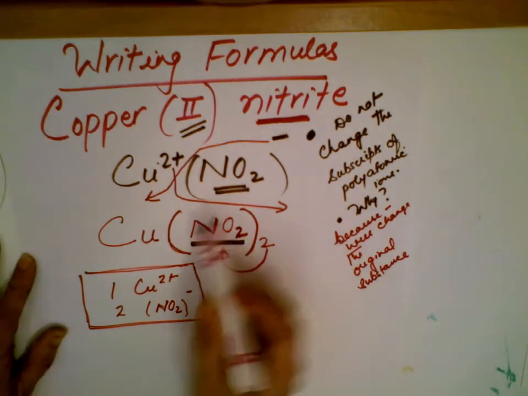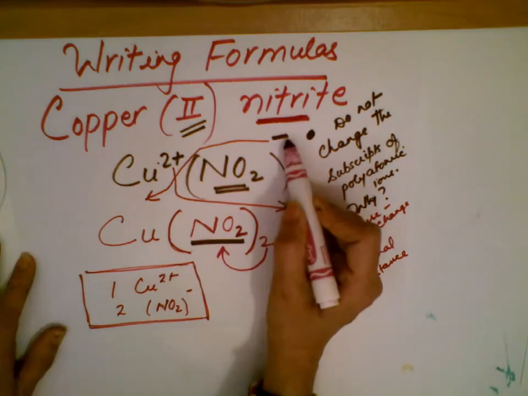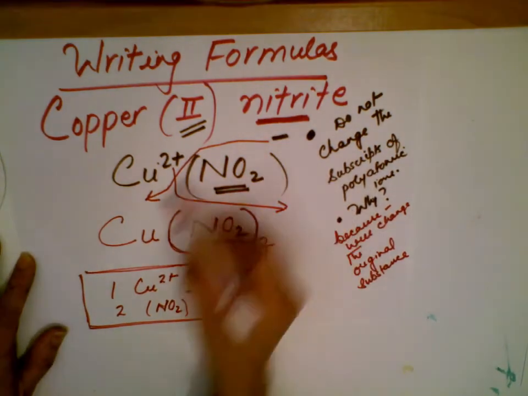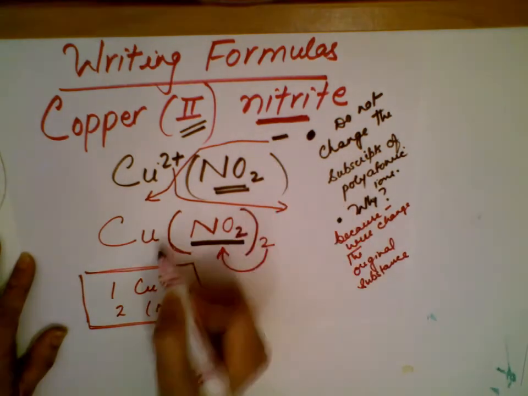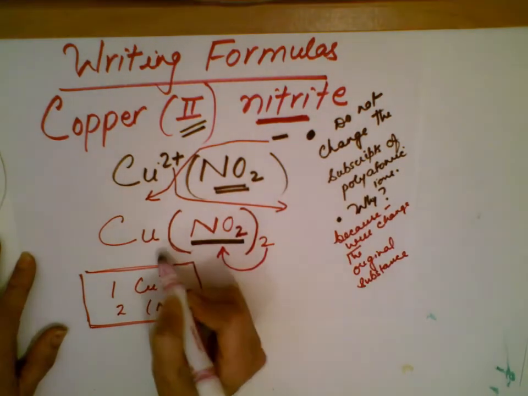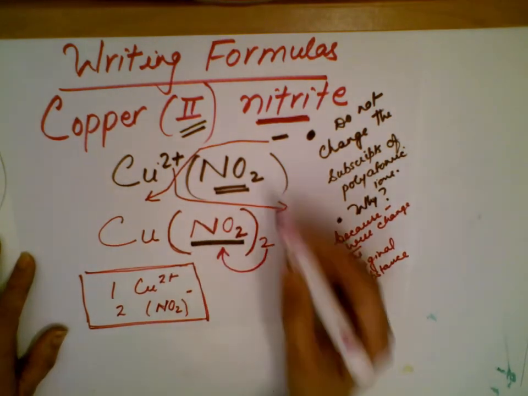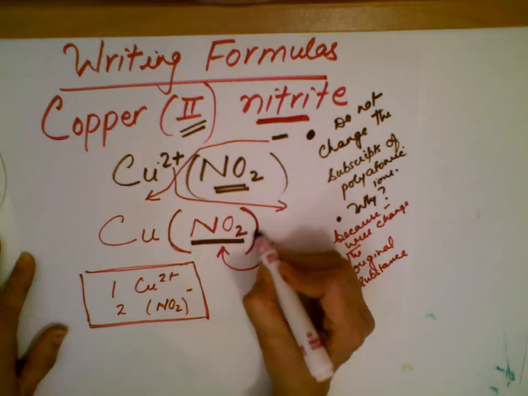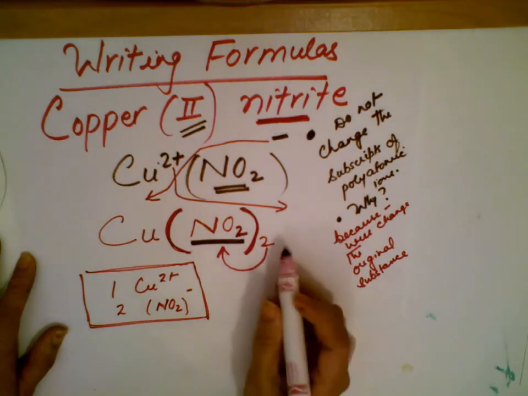So here you crisscross. You remember, when the charges are unequal, 2 plus and 1 minus, you are going to crisscross. And when you crisscross, this 1 comes here. You don't need to write that 1. And this 2 comes here, outside parentheses. Very important, outside the parentheses, not inside. Otherwise, what will happen?